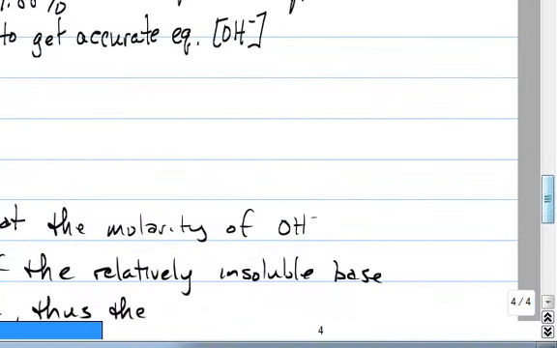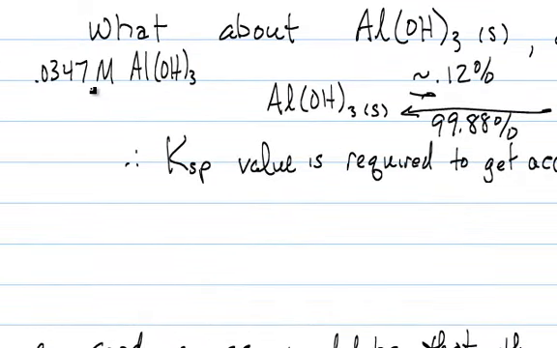So if you try to dissolve 0.0347 moles of aluminum hydroxide per liter of solution, you just would not be able to do so. So this is not really possible.